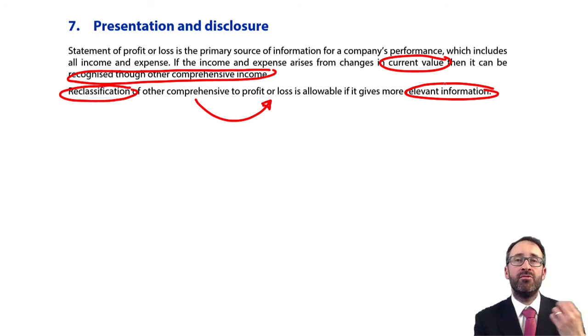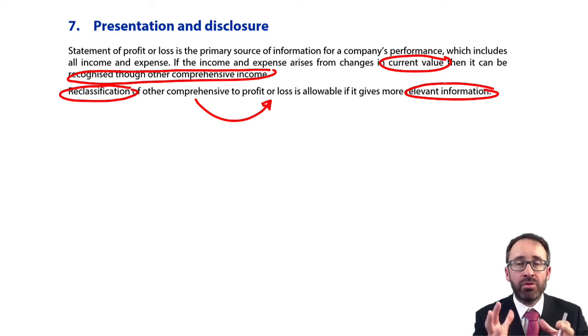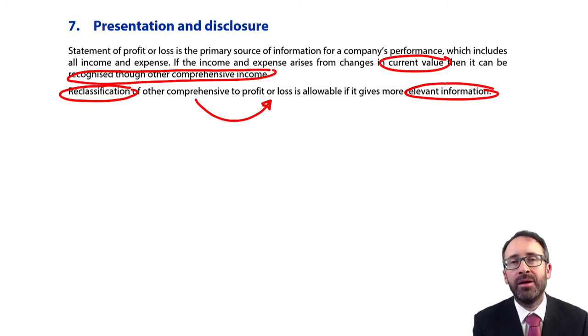It has now just been realised, so it's not so relevant to recognise it in profit or loss now, is it? But there are some items where that can happen, and you'll see that specifically in some of the accounting standards that follow later in this syllabus and in Strategic Business Reporting.